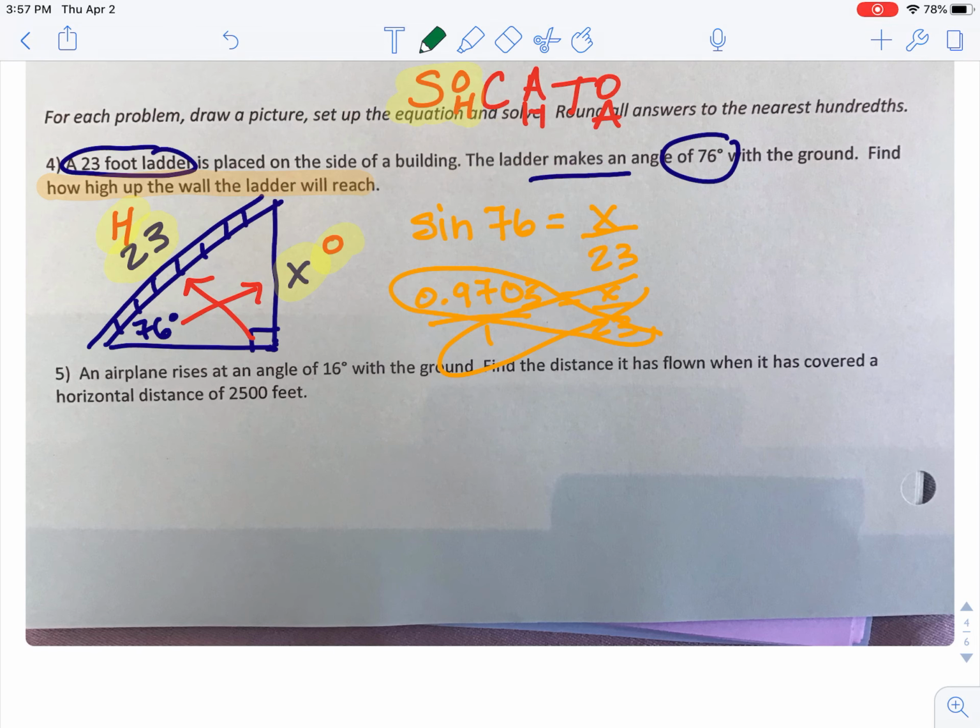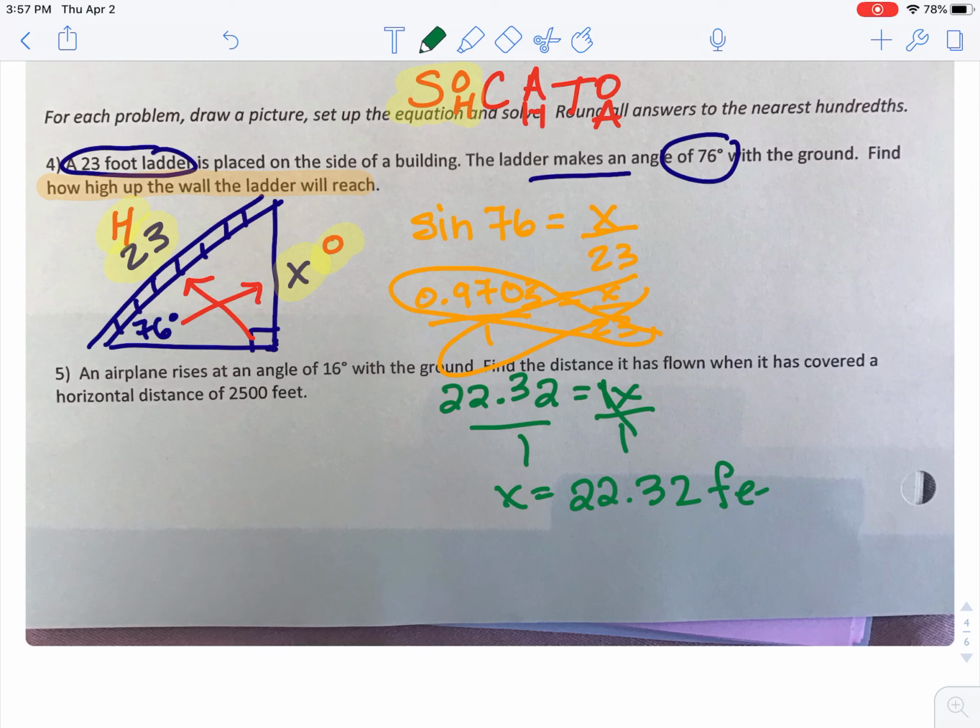And when I cross multiply, I get times 23, right? So 22.32, if you round it, equals 1x. Divide by 1, it's just 22.32. And we're talking about feet for this one. And there's my answer.